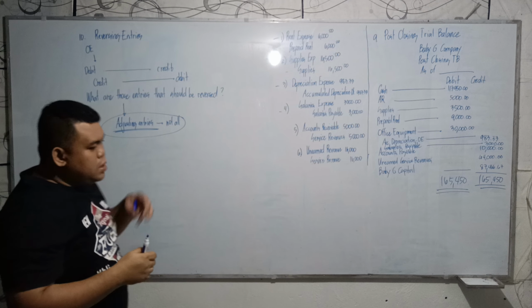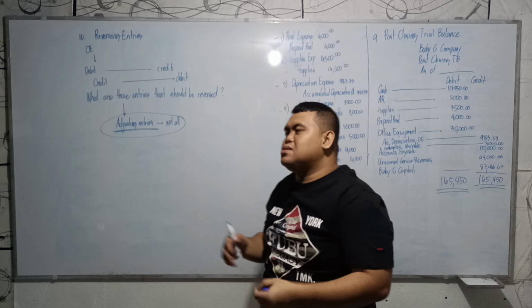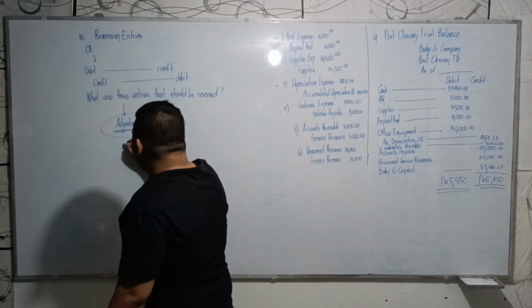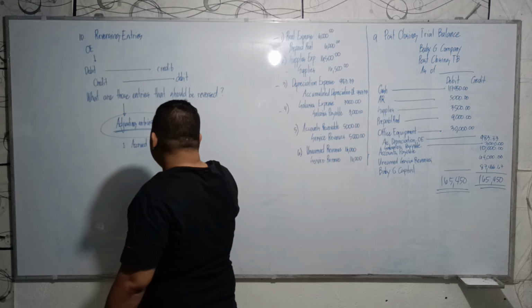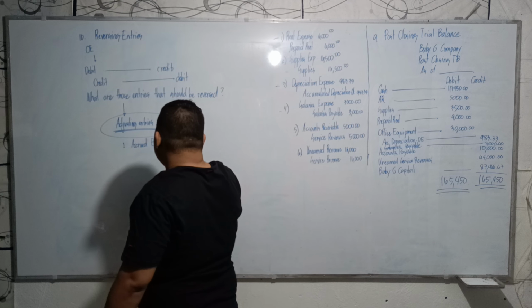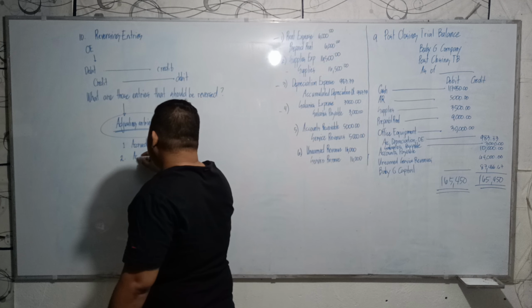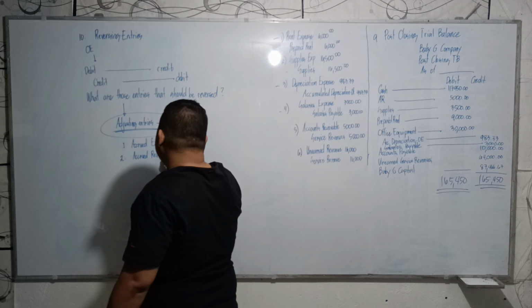First off, the depreciation and the doubtful accounts expense related entries will not be reversed. So what will be reversed? Number one, accrued expenses. Number two, accrued revenues.